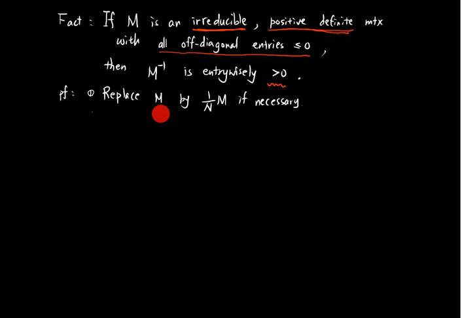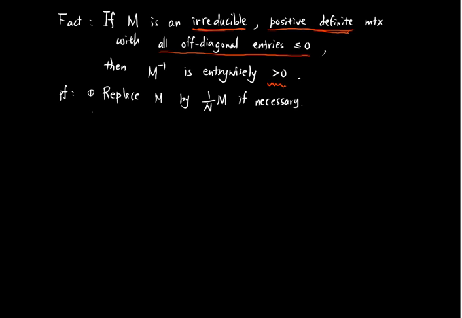Positive definite, this is also positive definite, provided that N is a large number. All off-diagonal entries negative, then this is also all entries negative. So after taking the inverse, we can just do any scaling of the matrix M. It is fine.